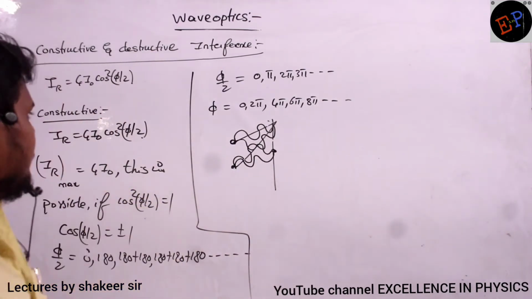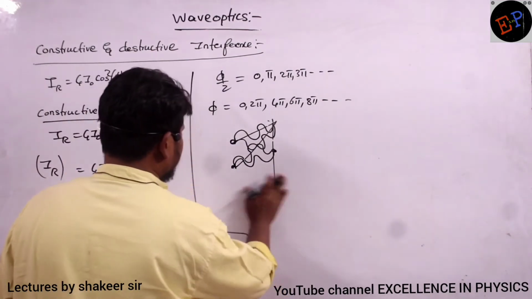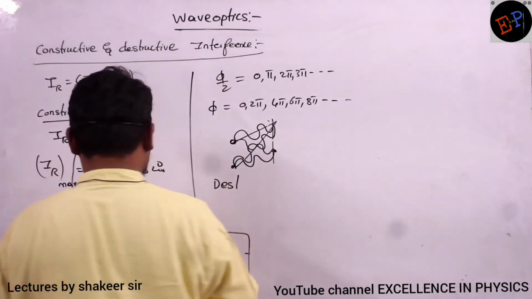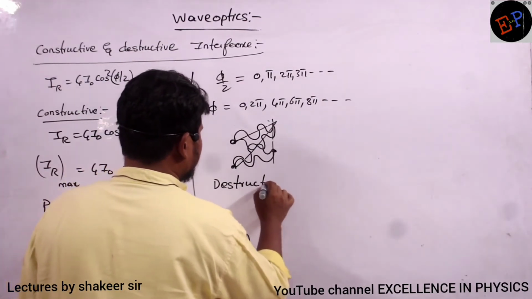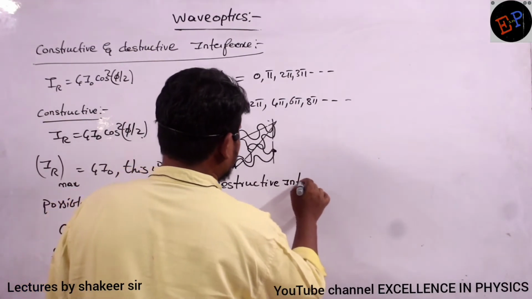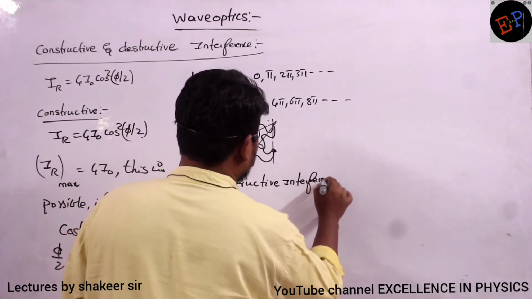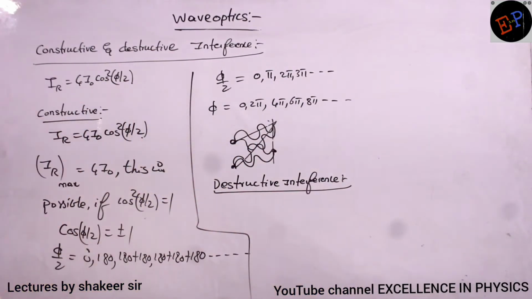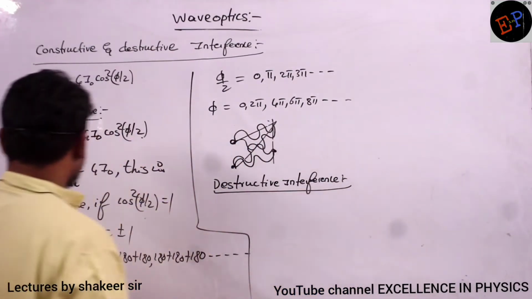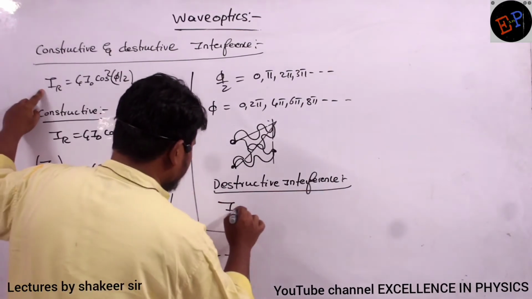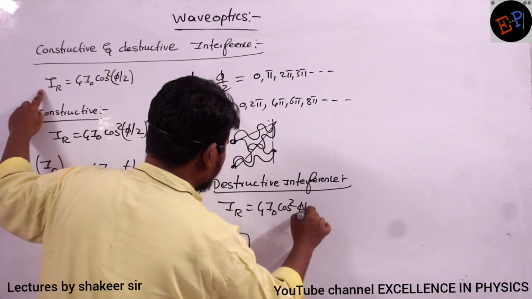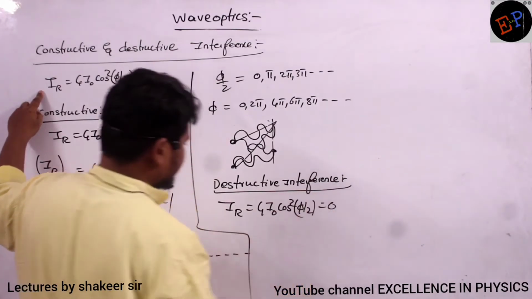Now you write destructive interference. Destructive interference means the resultant intensity 4I0 cos square pi by 2 should become 0.